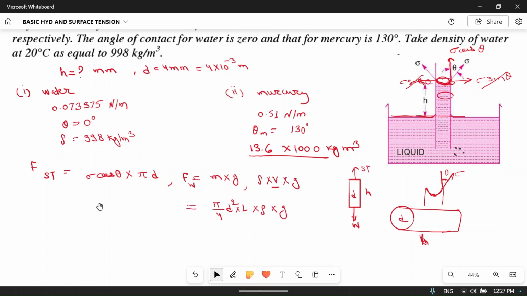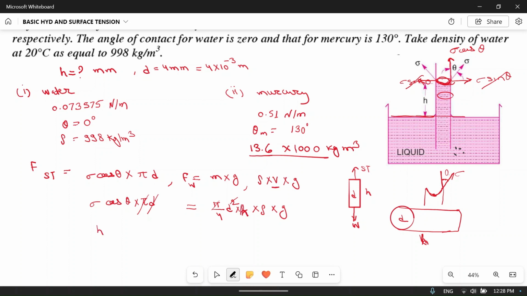It will be equal to sigma cos theta into pi d. So this d will cancel, this pi will cancel this pi, so we have to find h. Sorry, here we have written L, but in this case this L is H, so I will write H here.